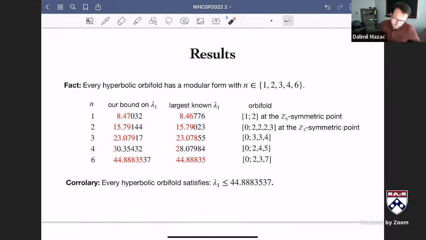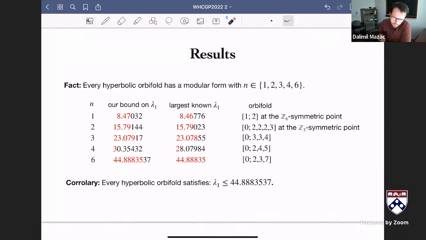So a nice useful fact is that for every hyperbolic orbifold, you can convince yourself that there is always a modular form whose n is either 1, 2, 3, 4, or 6. So we can just run the linear program for each of these values to get some bound. And here are the results.